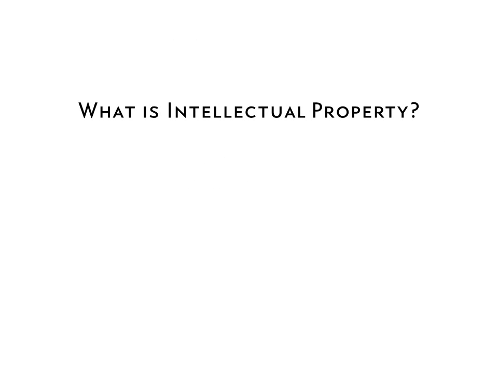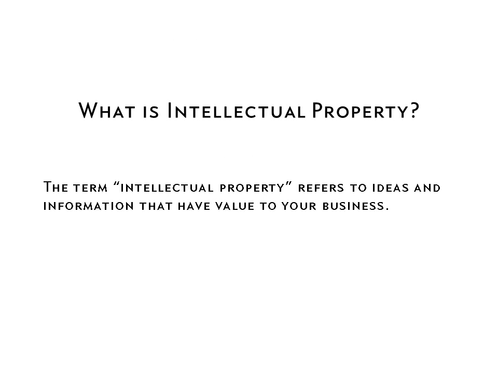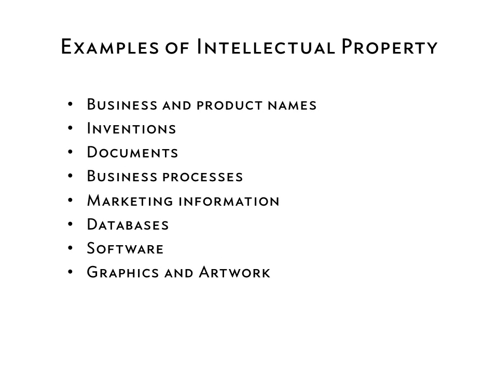What is intellectual property? The term intellectual property refers to ideas and information that have value to your business. Examples include business and product names, inventions, documents, business processes, marketing information, databases, software, or graphics and artwork.